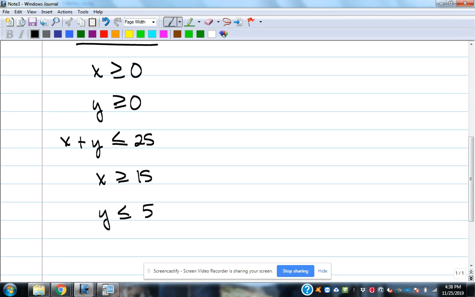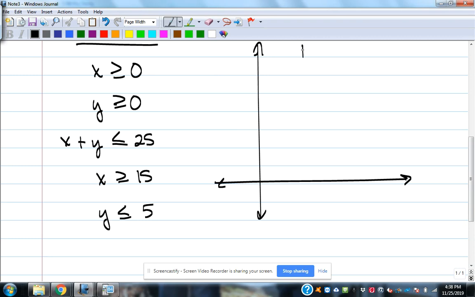Okay, here's what's going to happen with 140 this semester. I'm going to give you the graph already done. This is what you're going to get: a picture that has all these constraints. They'll be listed there, but I'm going to graph it for you so that you've got this kind of picture. I'm just going to rough this in to give you an idea of what it looks like.